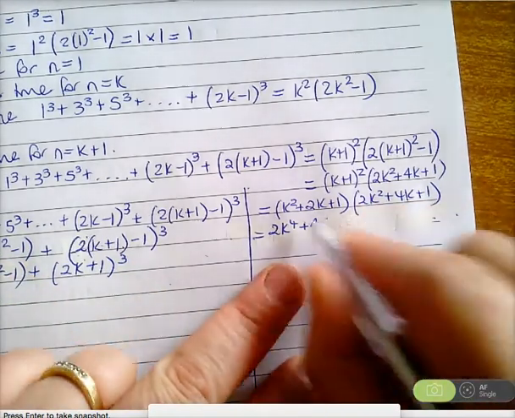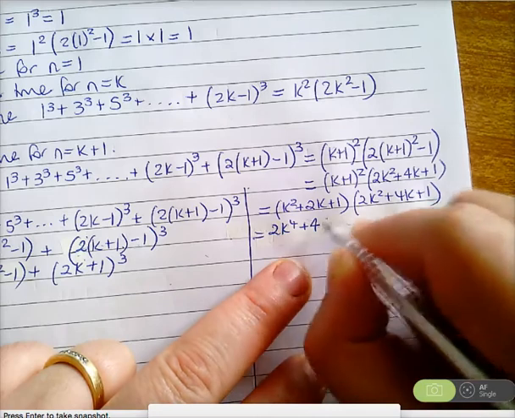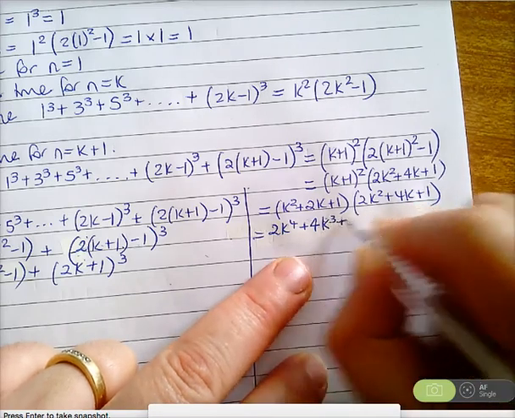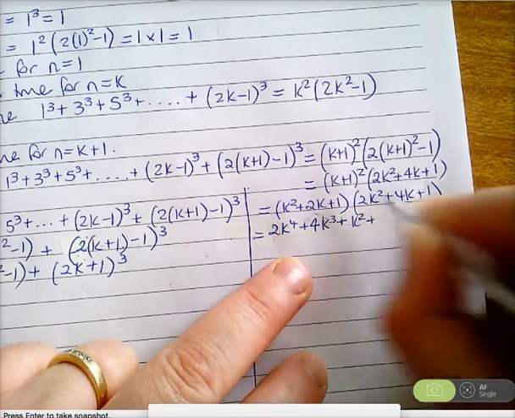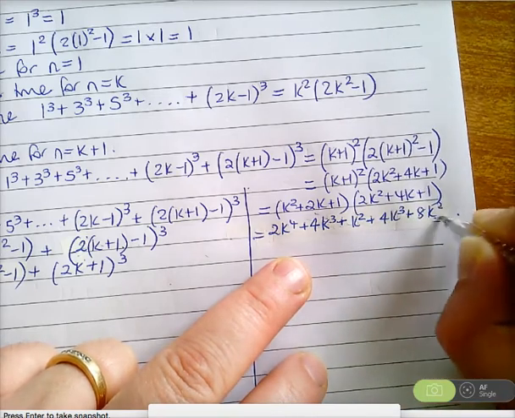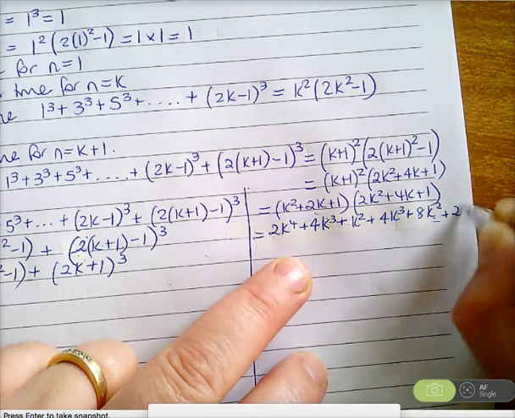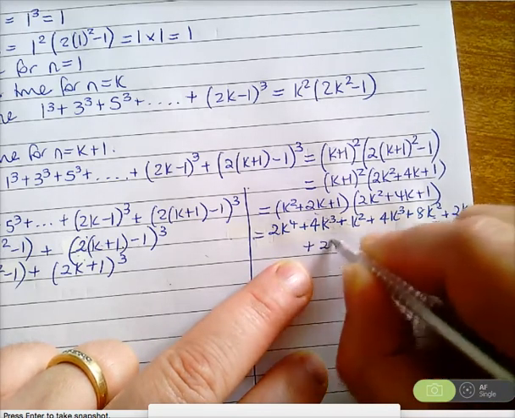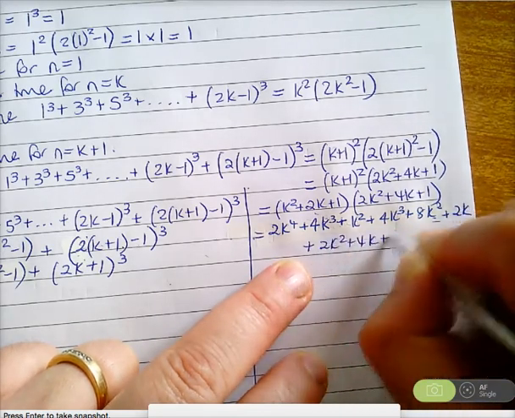Okay? So we've got 2k squared plus 4k cubed plus k squared plus 4k cubed plus 8k squared plus 2k, I hope I don't make a mistake, plus 2k squared plus 4k plus 1.